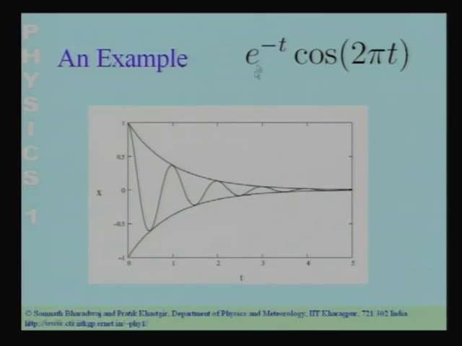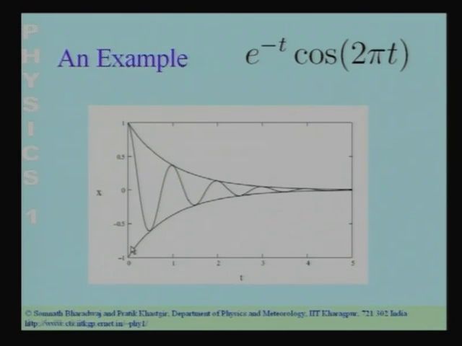So, let us now consider the particular oscillation shown over here. This oscillation is e to the power minus t cos 2 pi t. So, we have to look at the amplitude of the oscillation after one whole period of the oscillation. So, let us take the time instant t equal to 0 first.